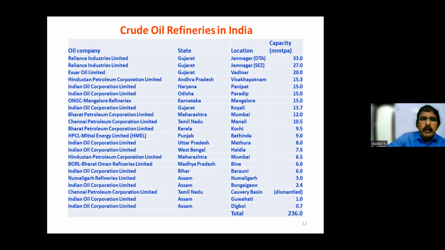So this is a typical breakup, and you can see that the refineries are spread across India, like Gujarat, Andhra Pradesh, Odisha, Maharashtra, Tamil Nadu, Kerala, Punjab, West Bengal, so that the logistics is taken care of, because once you produce product from the refinery, it has to reach the entire people of India. So it has to be logistic. Refineries have been logistic-based to cover the entire India.